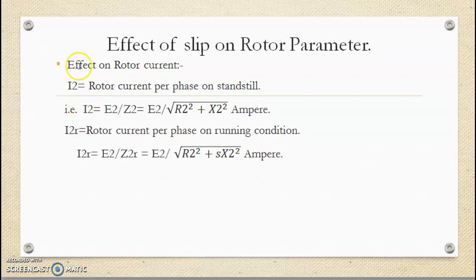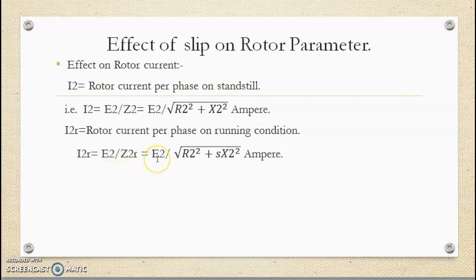Then the last parameter is the effect on rotor current. I2 is the rotor current per phase on standstill, and I2R is the rotor current per phase on running condition. So I2 is equal to E2 by Z2. So E2 as it is, and Z2 we know is the square root of R2 squared plus X2 squared on standstill, and on running condition I2R is equal to E2R divided by Z2R.